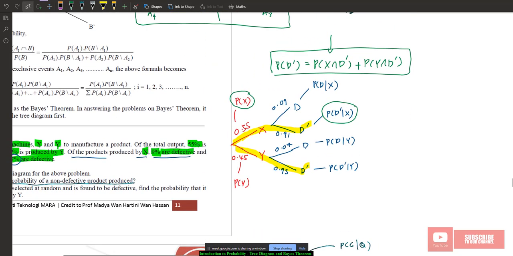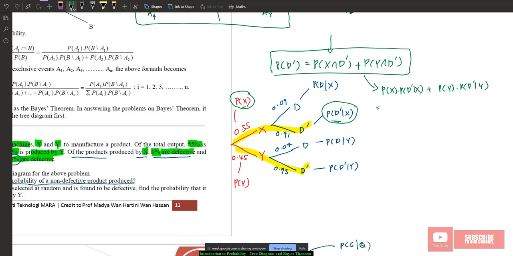So to find the probability of D complement, you multiply the probability of X with the probability of D complement given X, plus the probability of Y multiplied by the probability of D complement given Y. Same thing.